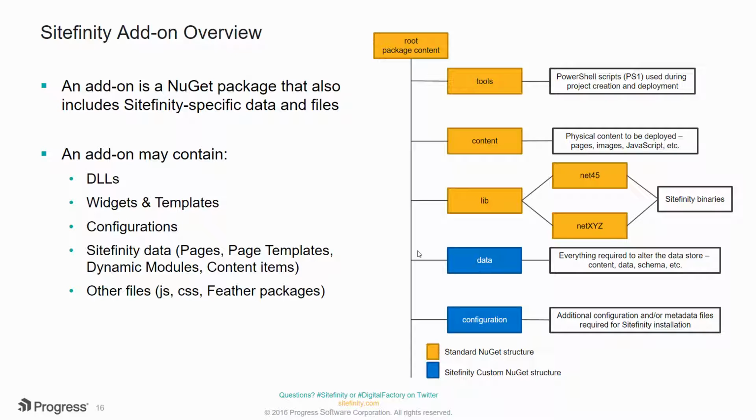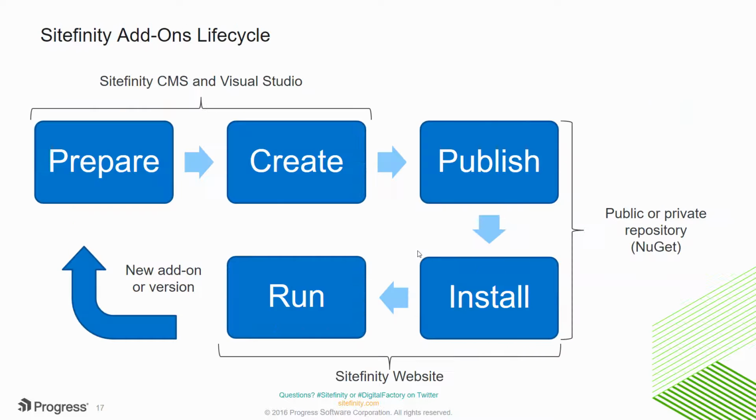And an add-on can be anything that's in a DLL file, so any code. It can include widgets, templates, different modules, configurations, as well as any other files such as JavaScript files, CSS, and resource packages for the Feather UI framework.